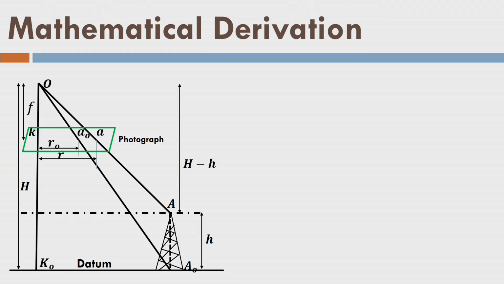Now I want to derive mathematically the meaning of relief displacement, or derive some mathematical terms so that I can connect the height h of the building with the relief displacement on the image. Let us look into this. Okay. So, this is R0 and R as marked here, fine. This distance is R equal to K0 A0. This is my K0 and this is my A0, which is the bottom of the building or the tower.